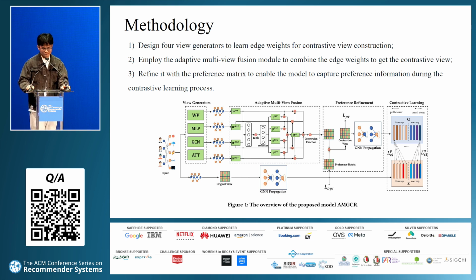But here, we do some data augmentation to get one embedding, and we take the original embedding, and we calculate the loss between them. In this way, we try to prevent inaccurate representation learning, and do not just consider the negative impact.